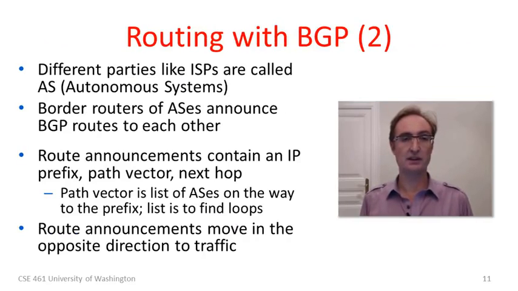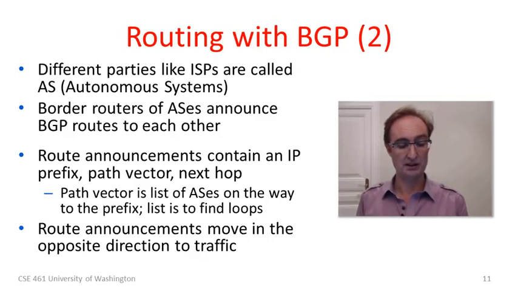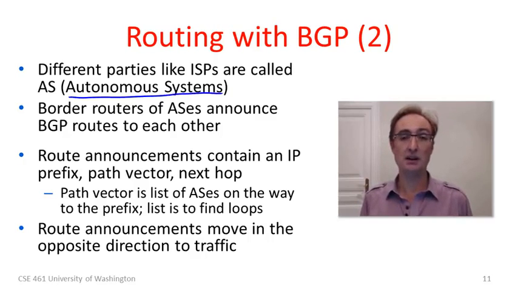Before we get too far, let's go into a little bit more BGP terminology so we can get the speak right. The different parties I've talked about here, the different domains, we can think of them as ISPs, but the language you'll see is ASs, where AS stands for Autonomous System, an independently operated network.